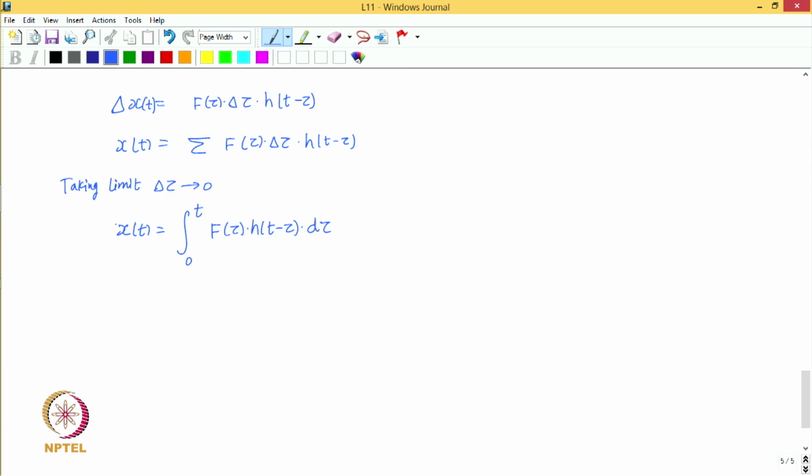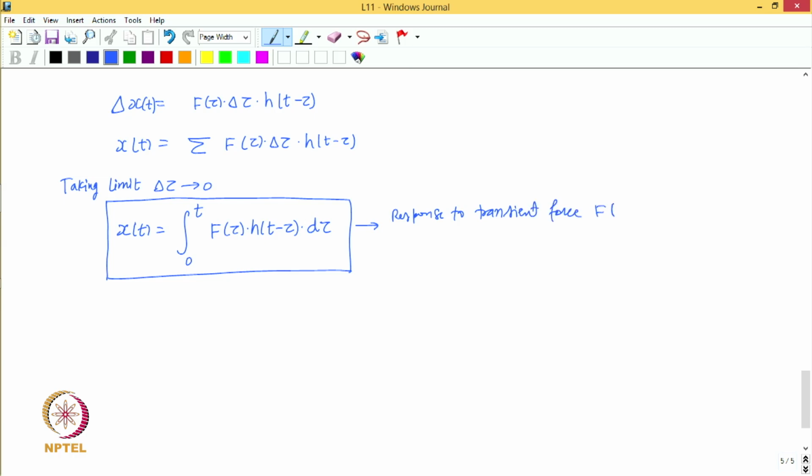So now this basically is nothing but the response of the system to force f of t, right. So, this gives us the response to transient force. And this is in the form of an integral, and it is called the convolution integral.